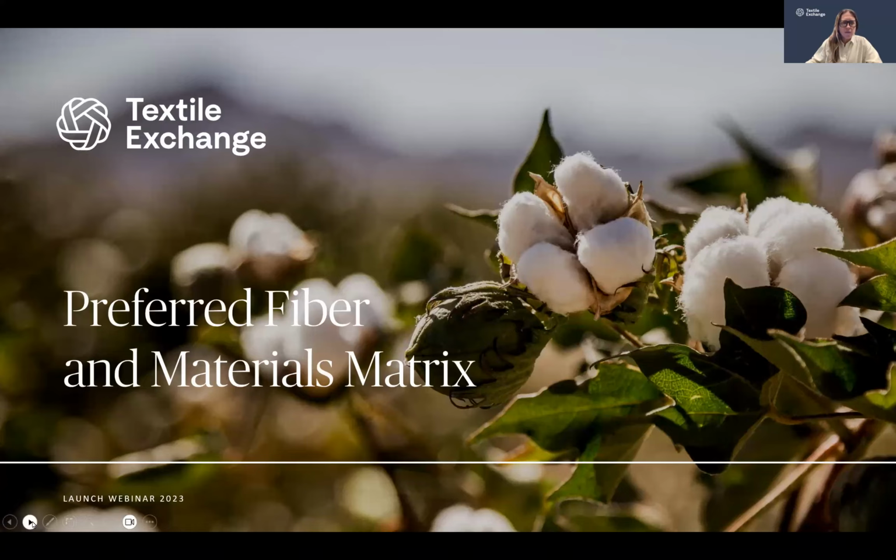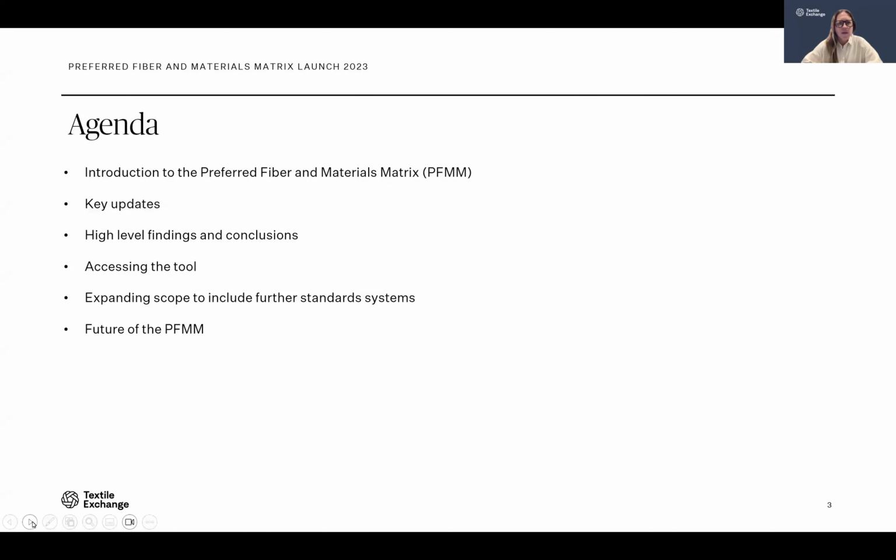Okay, so moving on, the agenda for today will be really just to provide you with some key updates on what's changed since the last version of the Preferred Fiber Materials Matrix, or PFMM, we'll call it for short, and some of our high-level findings and conclusions related to this next version of the tool, how to access the tool, and then again, what's coming next, in terms of expansion of scope and other aspects of what we're planning for down the road.